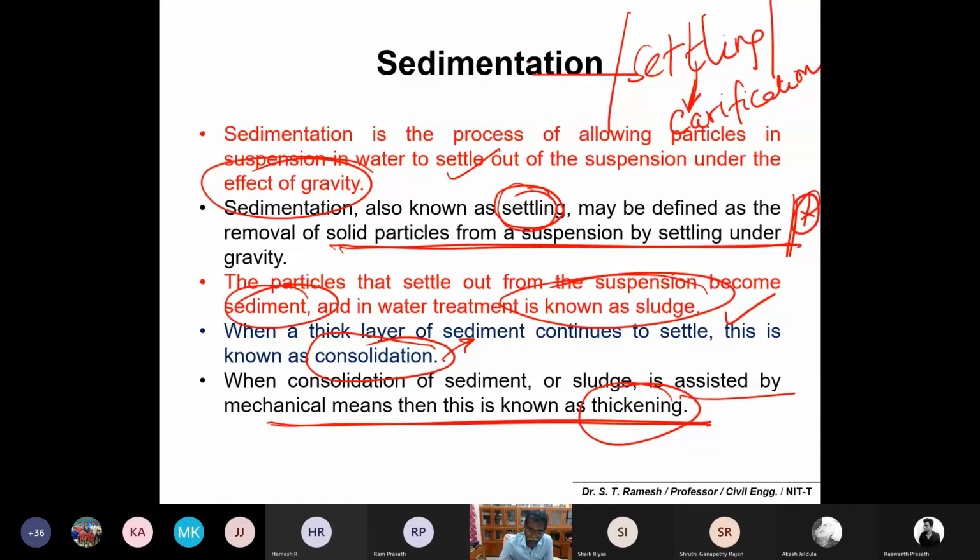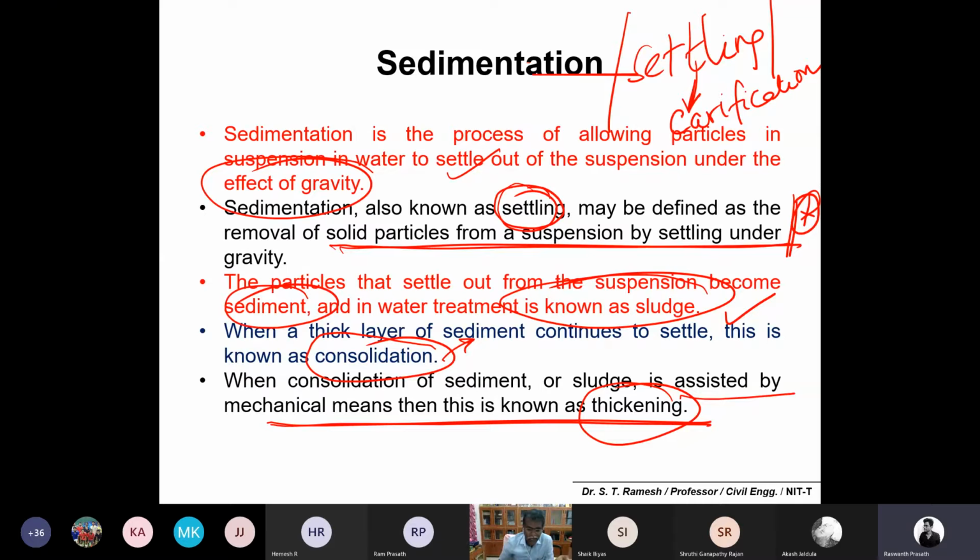Once the sludge settles layer by layer, you may have an accumulation, which you can call consolidation of that sludge. This consolidation normally may not happen automatically. What do you do? You have to withdraw it from the sedimentation tank and assist with mechanical means. Thereby you can squeeze out the water and thicken only the sludge, which is easy to handle in the treatment system. Is it okay?